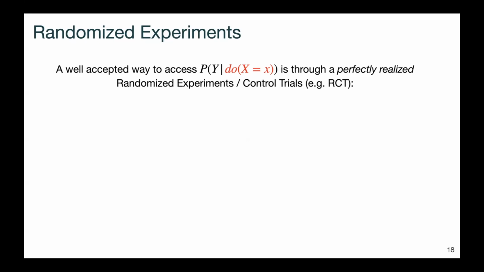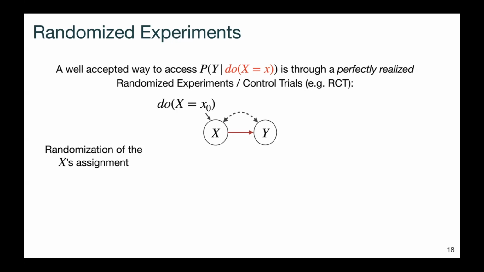And I stressed here that it has to be a perfectly realized RCT, because in many situations, you also don't control all the variables. You also don't have a perfect randomization of the experiment. But in this scenario where you have a perfect RCT, the effect of this intervention is going to be, we usually have a binary treatment.